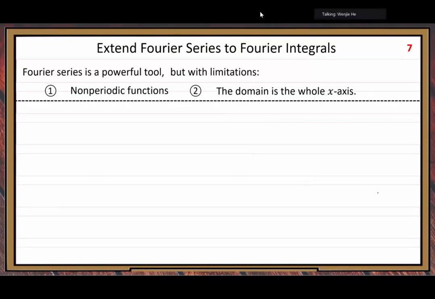So here, the second case: the domain is the whole axis. What's the meaning? When we consider a non-periodic function whose domain is not the whole axis, let's look at a special case. Suppose we have a non-periodic function on an interval from a to b.